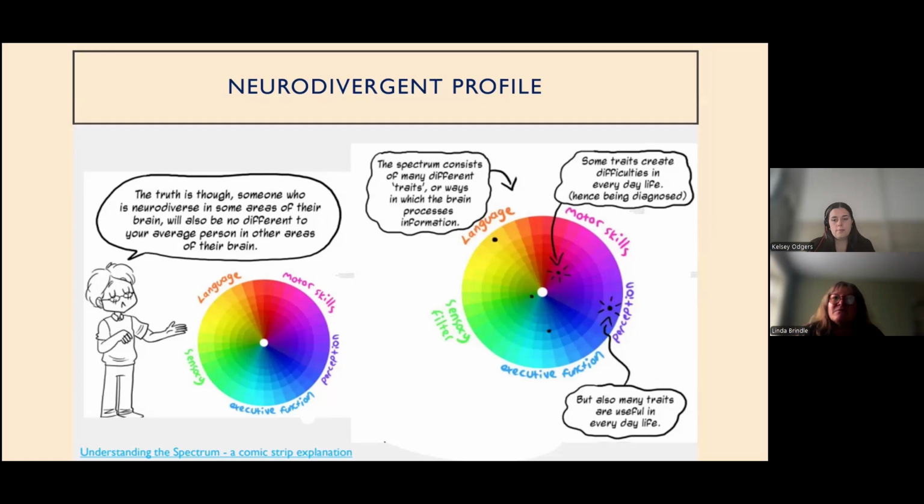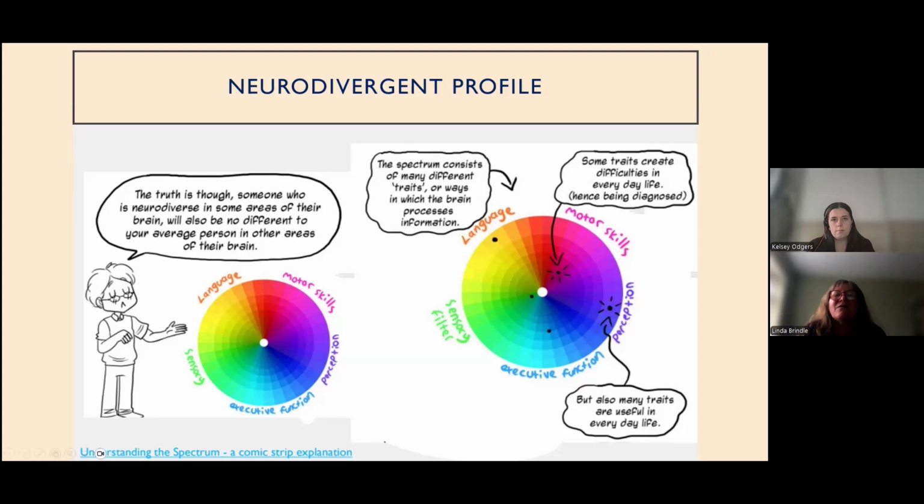And so each day can be different for them, and the levels of support someone needs might change as a result. Because of the spiky profile, we want to highlight that it's really important not to underestimate a young person's skills and abilities, or conversely, expect them to perform well in all areas. So it's helpful to always ask the person how they want to be supported each time.